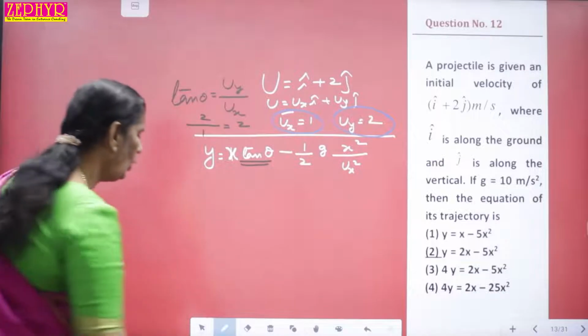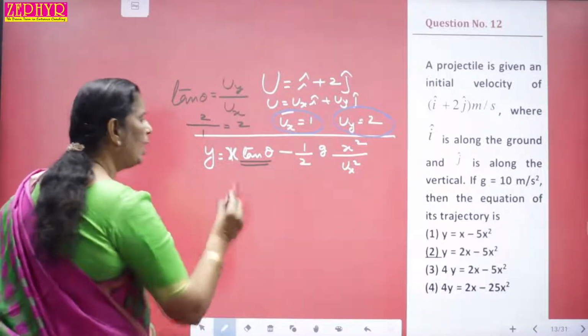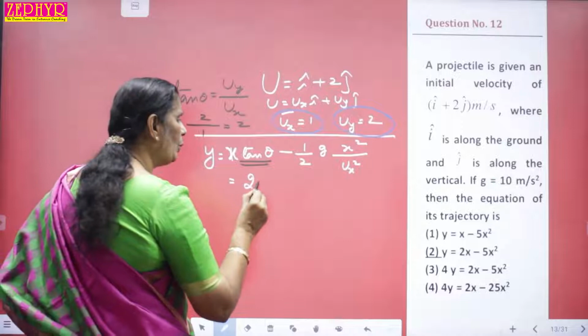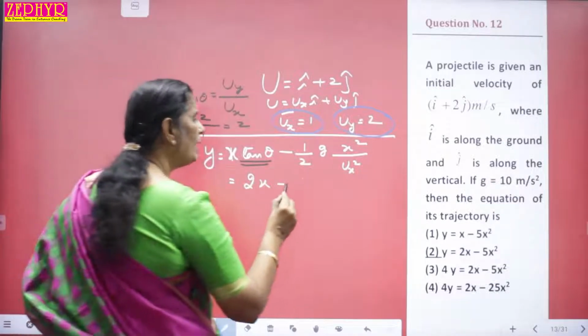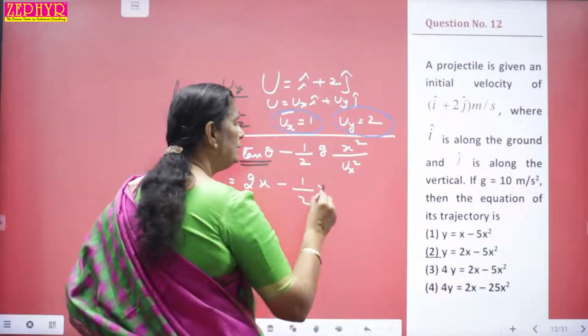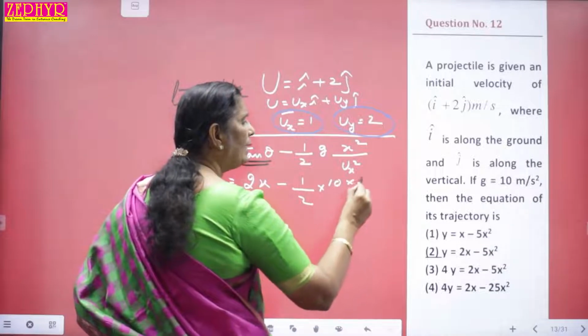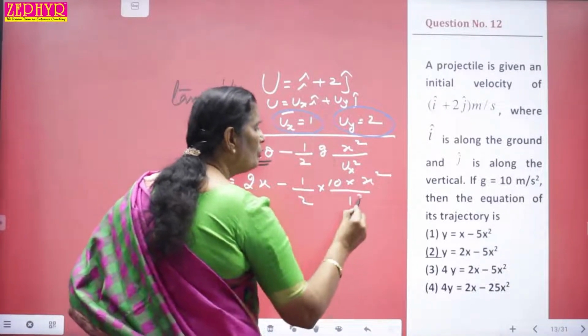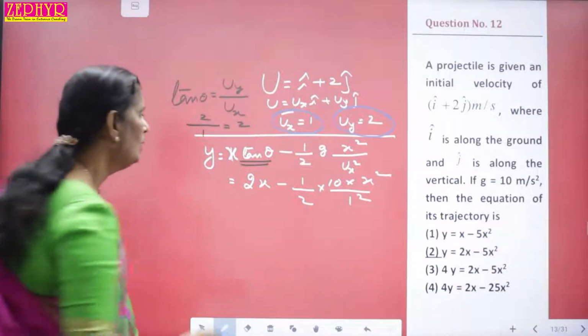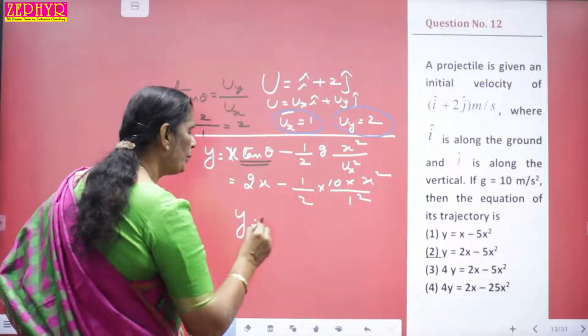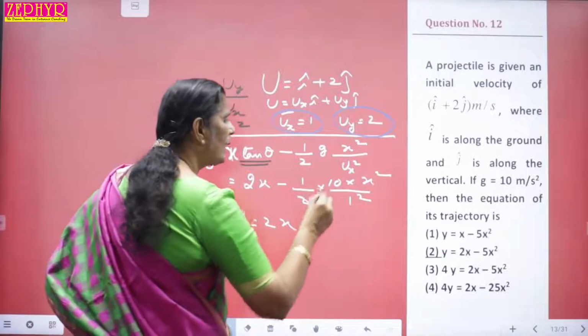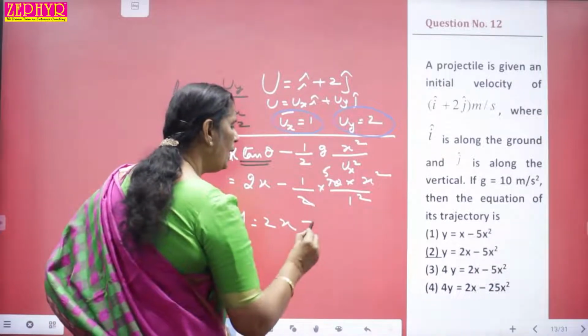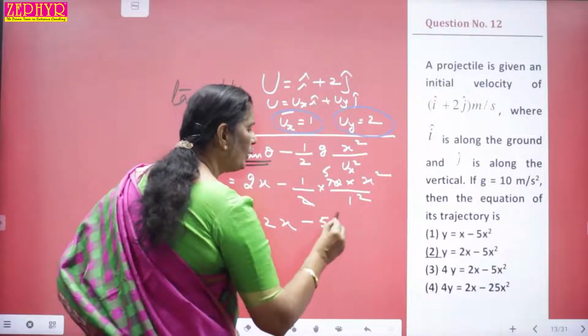So x into 2 will be 2x, minus half into g. You can take g as 10, x is a variable and ux is nothing but 1, square it, that's all. So that will be y is equal to 2x, and cancelling this, it will be minus 5x square.